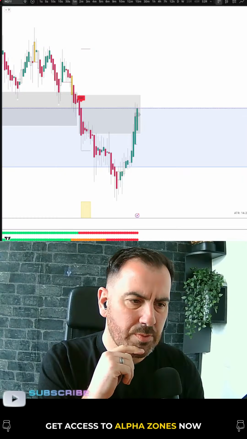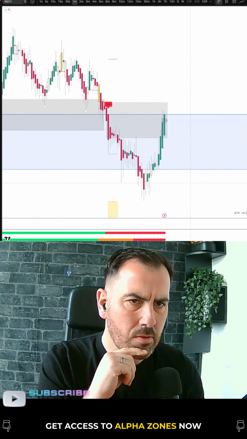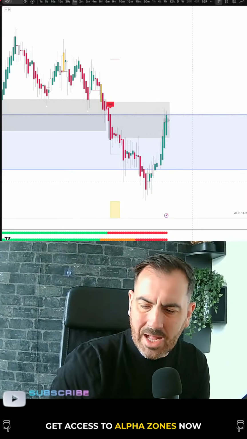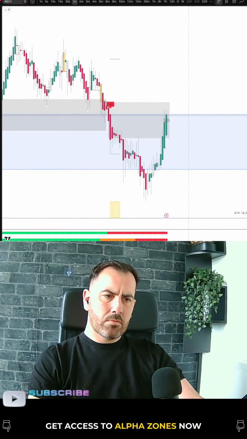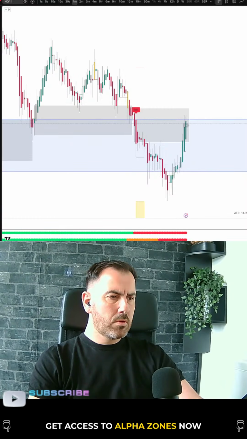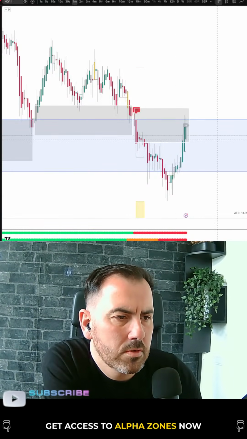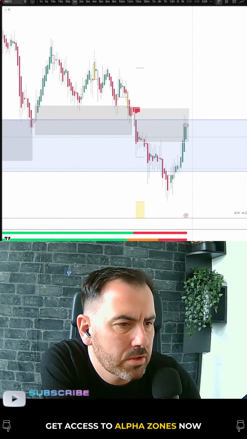Not a massive fan of this price action, I have to admit. But we're on Nasdaq, 1 minute time frame. If we're going to go bullish, it's going to have to close above, but this looks like a rejection.